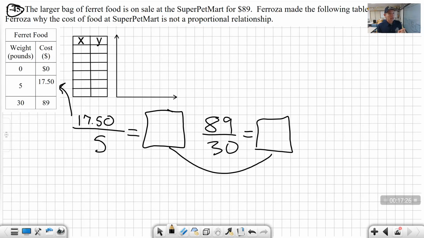Unit rates in proportional relationships are the same. The question is, are they? Okay? You need to compare this. I also want you to graph this. Graph it, and I think that you're going to see something on the graph as to why it is not a proportional relationship. Okay? Pause the video to finish that up.